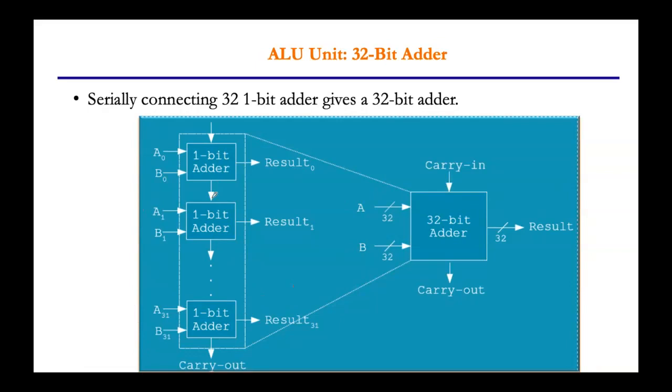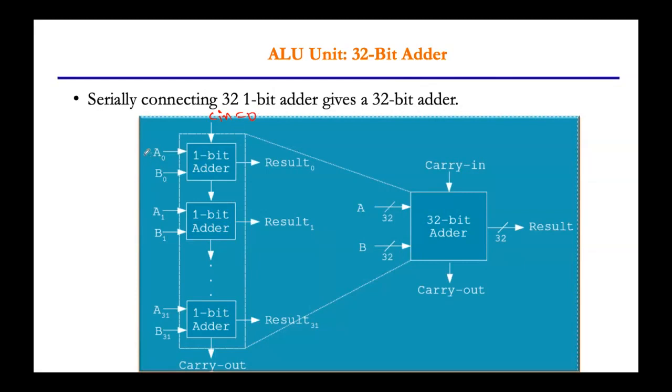Okay. So all these 32 bits together become one circuit, which is having 32 input bits and your one carry in. When adding this carry in, input A and input B, it gives some result. In that result, it may have the carry out. So this carry out will be given as an input to the next adder. Here you can see for the first bit adder, the C in will be 0.